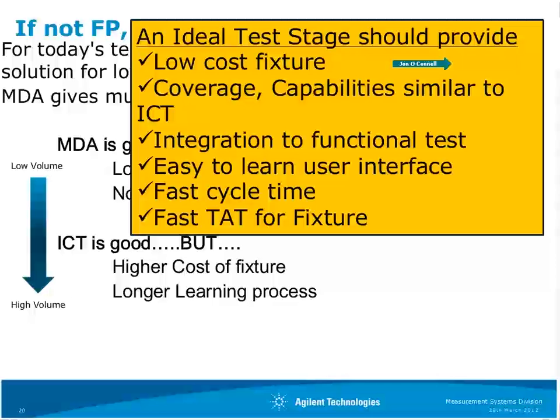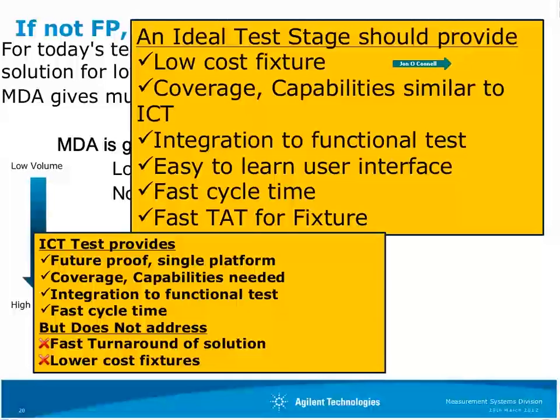So ideally, we want a test stage that can provide low-cost fixturing, the coverage and capabilities delivered by an in-circuit test, some capability to combine a functional test, an easy-to-learn user interface, and the benefit of a fast cycle time, both from the manufacture of the fixture and from the turnaround time of the fixture to get into production.